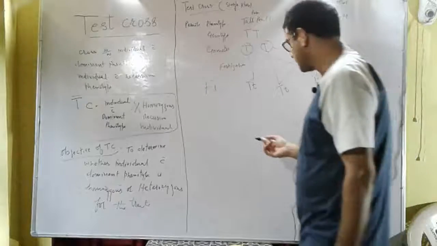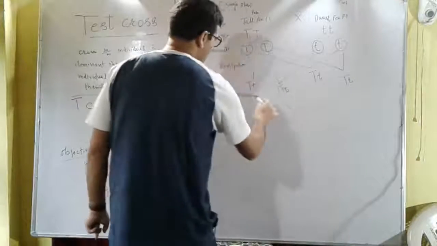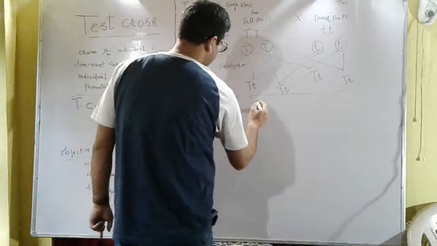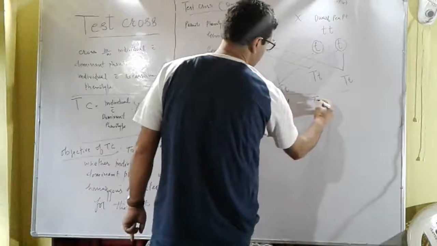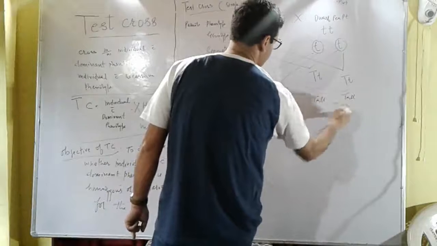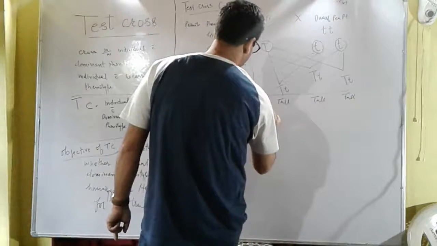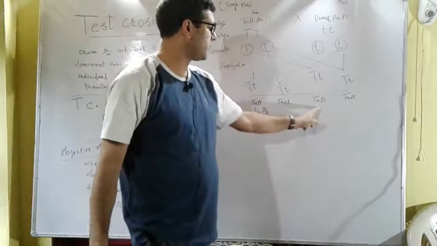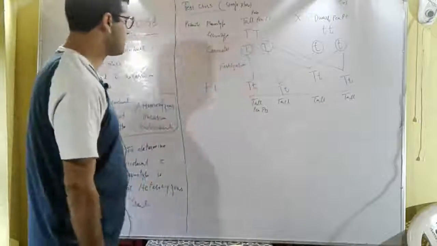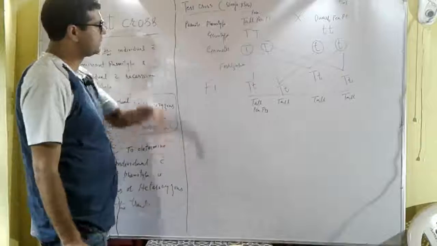So in the F1 generation, all of these are tall pea plants. That means in the F1 generation we obtained only tall plants.